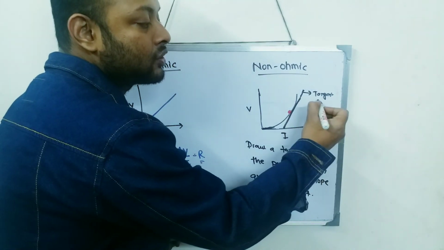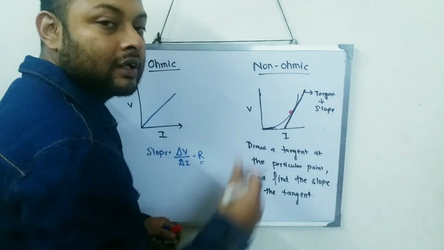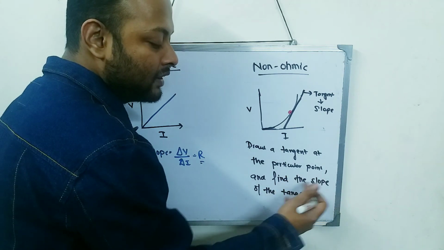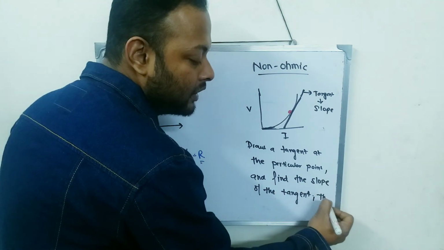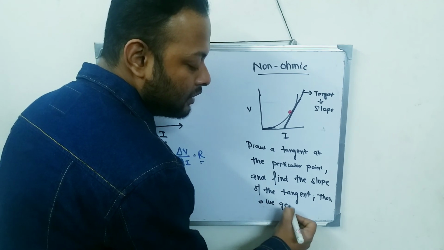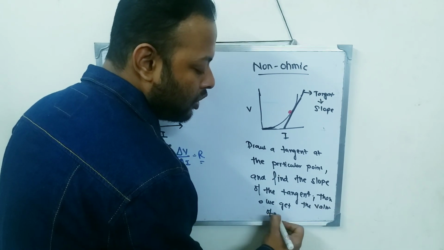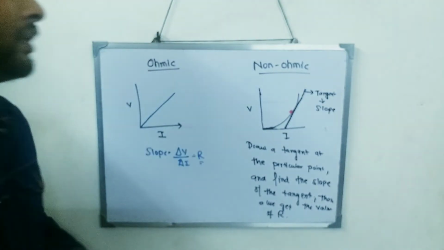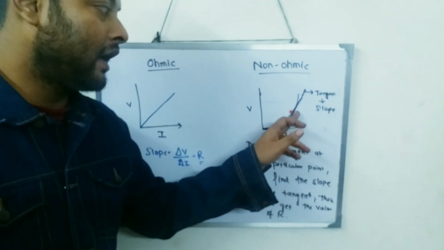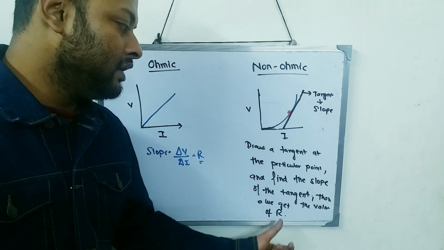Once we find the slope of this tangent, we can simply find the resistance, because slope is equal to resistance. So once we find the slope of the tangent, we get the value of R, that is, the resistance.